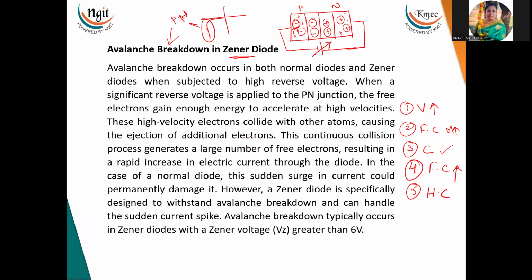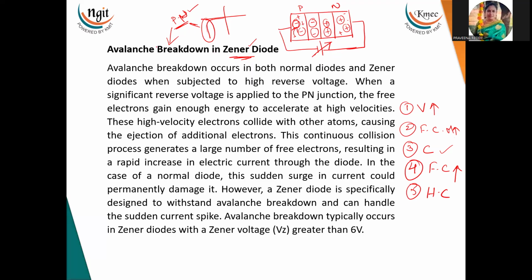When this current flows in the Zener breakdown, the Zener diode will not get damaged because of the doping concentration. The doping concentrations of the PN junction diode and the Zener diode are different. That's why the PN junction diode will get damaged if avalanche breakdown occurs, but in the Zener it will not happen, and we use this in applications.